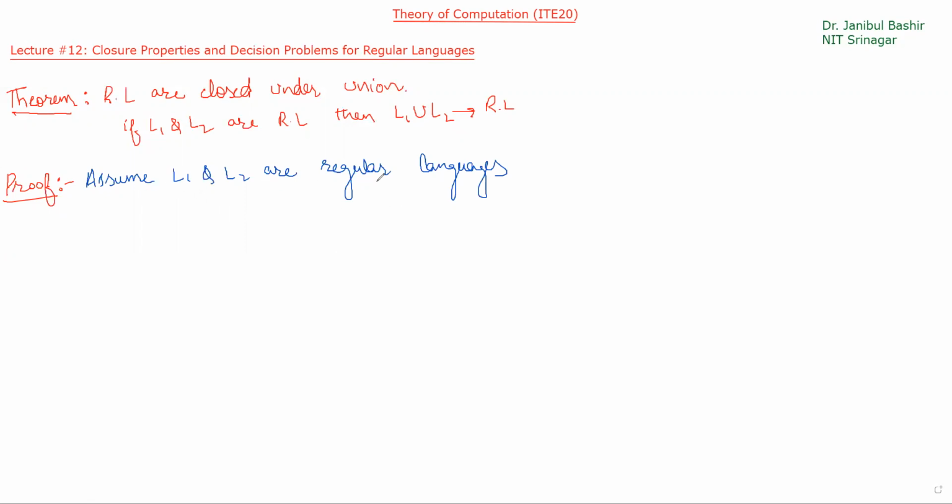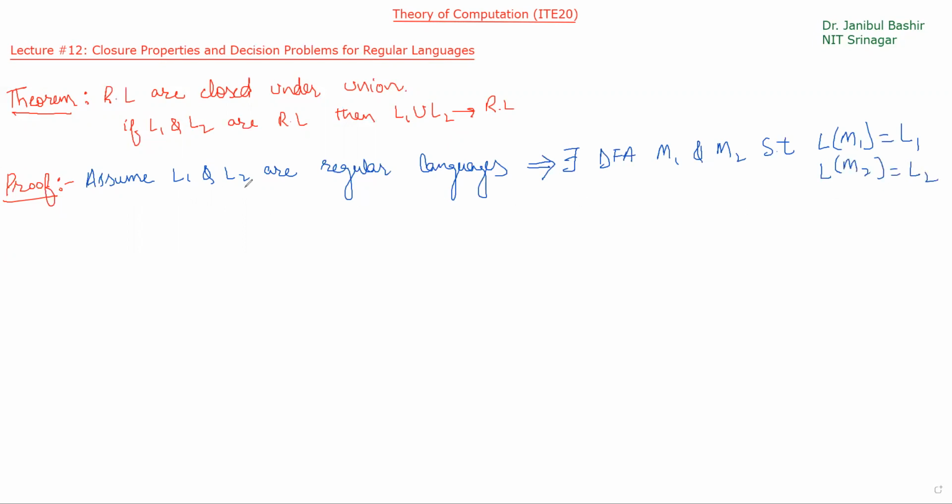So if L1 and L2 are regular languages, what does that mean? It implies there exist DFAs M1 and M2 such that the language of M1 is L1 and the language of M2 is L2.